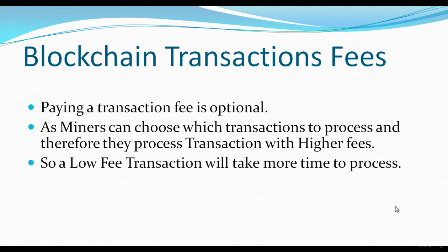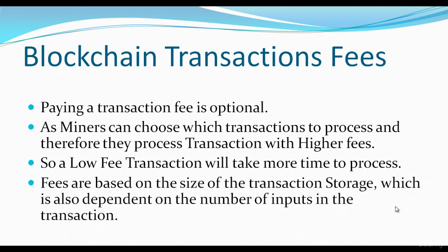A low-fee transaction will take more time to process, and by more time, I mean days, whereas others will be processed faster. Because fees are based on the size of the transaction storage, which is also dependent on the number of inputs in the transaction.